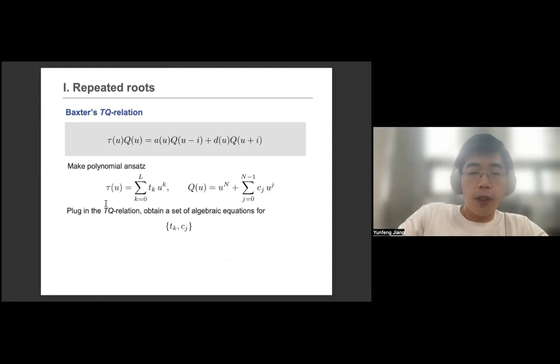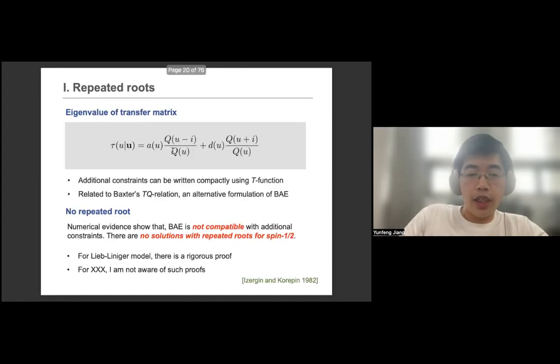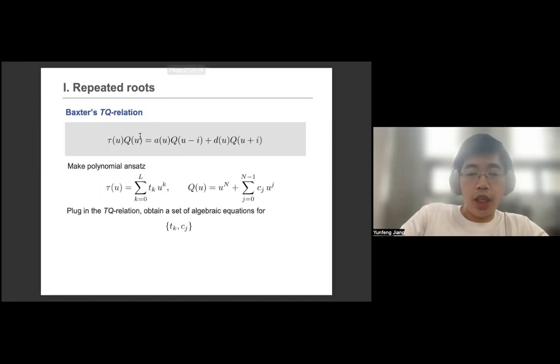Okay, so as I said before, this means if we want to take into account the repeated root solution, we can just consider Baxter's TQ relation, which takes this form. This might look like a simple rewriting of this eigenvalue of the transfer matrix, but actually we can solve this equation by making a polynomial ansatz for both tau(u) and Q(u).